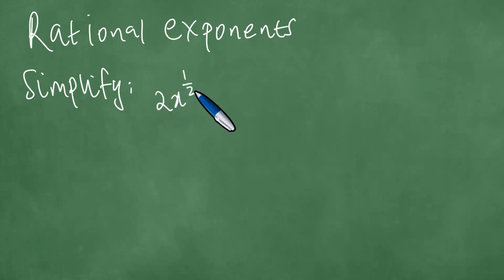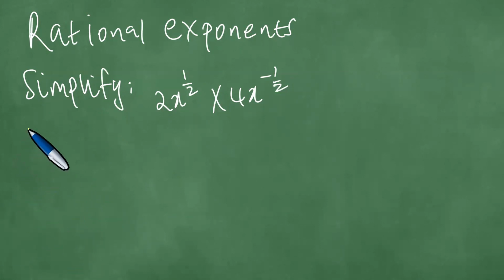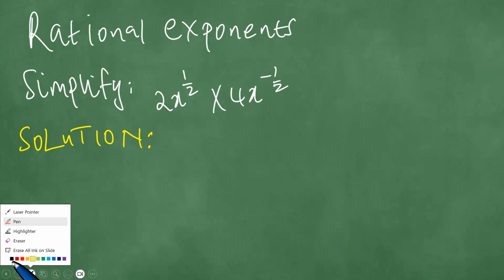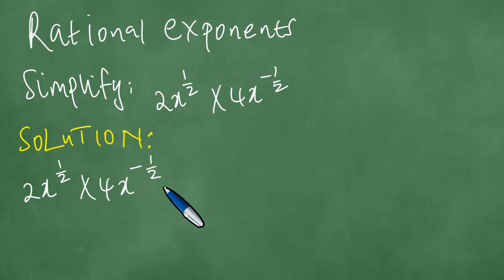Two x to the power 1/2 times 4x to the minus 1/2.